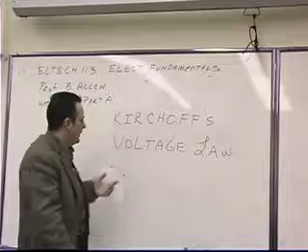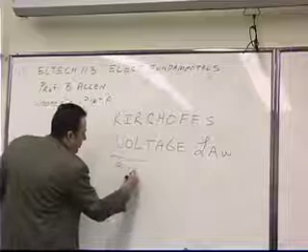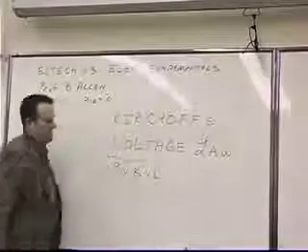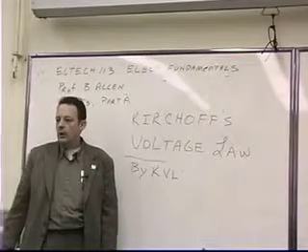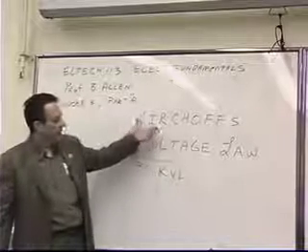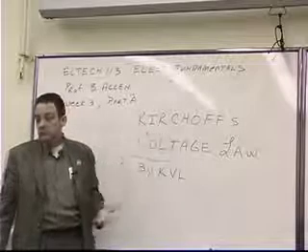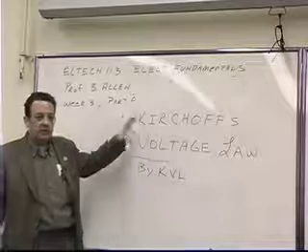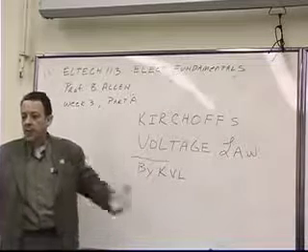So what I'll write is: by Kirchhoff's voltage law. Whenever you see that, I'm referring to a law in electrical engineering called Kirchhoff's voltage law. We're going to talk about what it is in just a second, but I just want you to understand the nomenclature, the spelling, the abbreviation, etc.